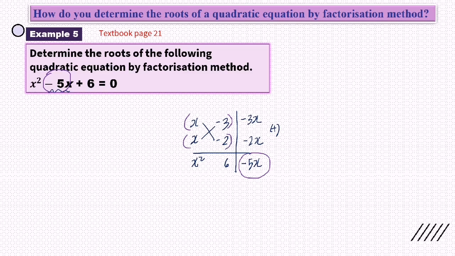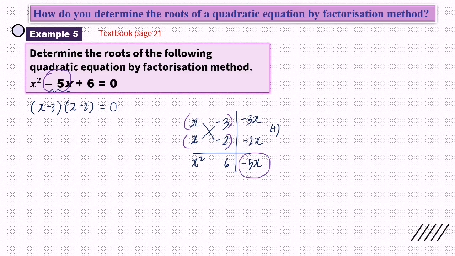So how to write? First bracket is s minus 3, the second bracket, s minus 2. Of course, you can write s minus 2 first, followed by s minus 3. And don't forget, write equals 0.